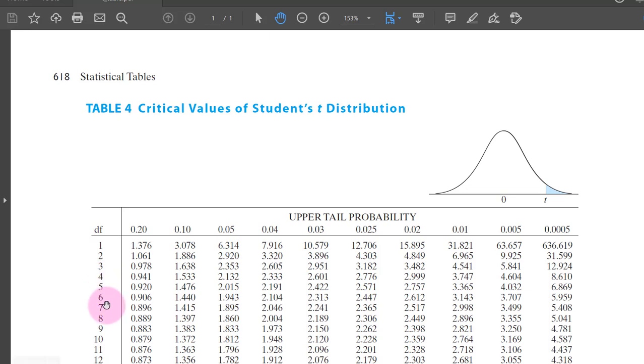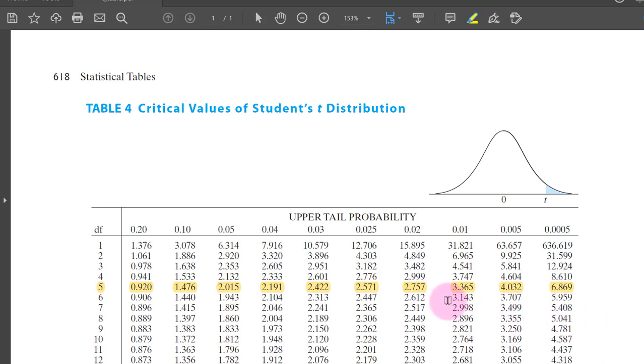And so when you're looking at one of these rows, you're really just focusing on one row at a time. You go to the degrees of freedom that is relevant for the situation and just focus on that row. In this example, since we are focusing on 5 degrees of freedom, I'm really only going to look at that row that I've highlighted.